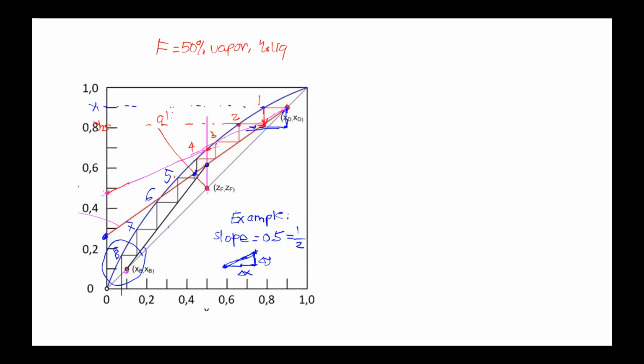Because it's shifting, we need to find new key line. We will need to find the stripping operating line. How are we going to find the stripping line? Stripping line is L over V, yeah?